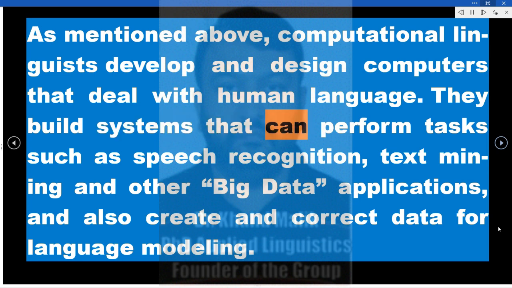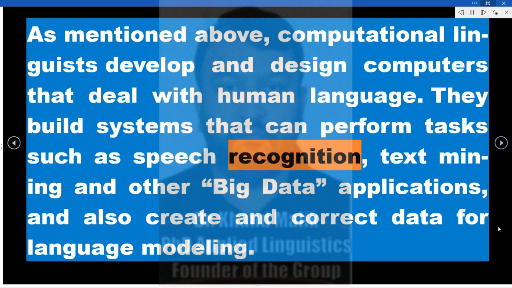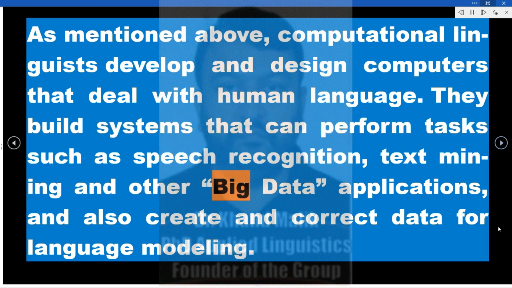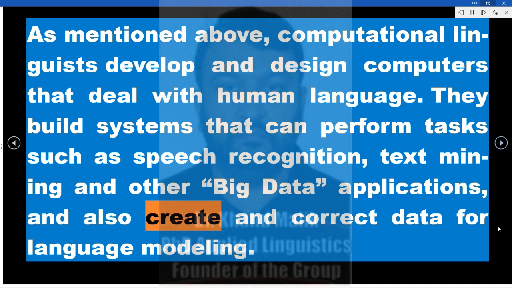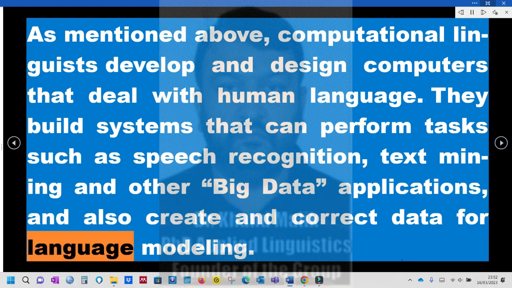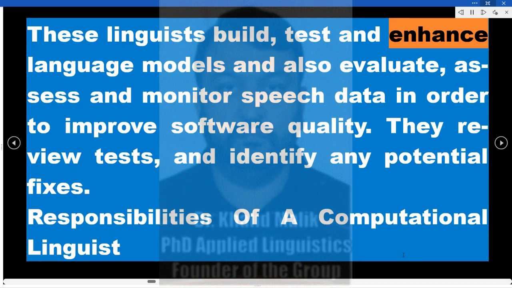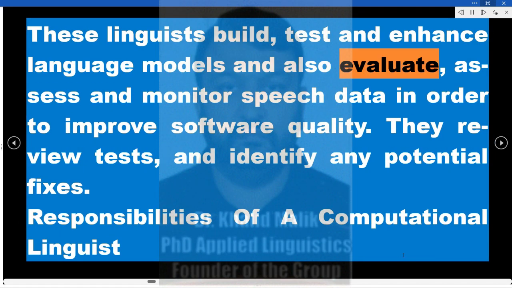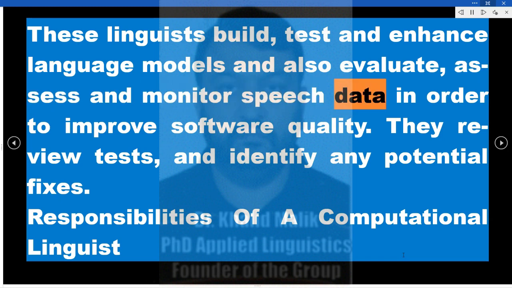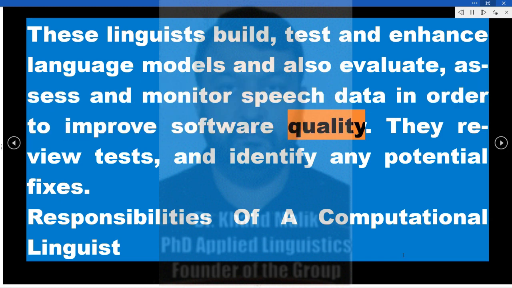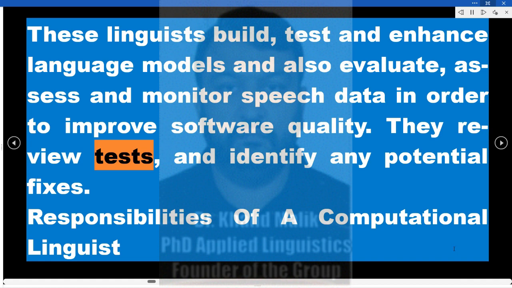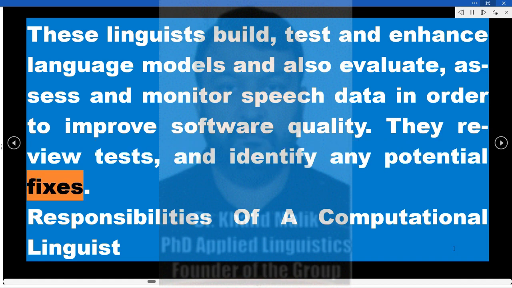They build systems that can perform tasks such as speech recognition, text mining, and other big data applications, and also create and correct data for language modeling. These linguists build, test and enhance language models and also evaluate, assess and monitor speech data in order to improve software quality. They review tests and identify any potential fixes.